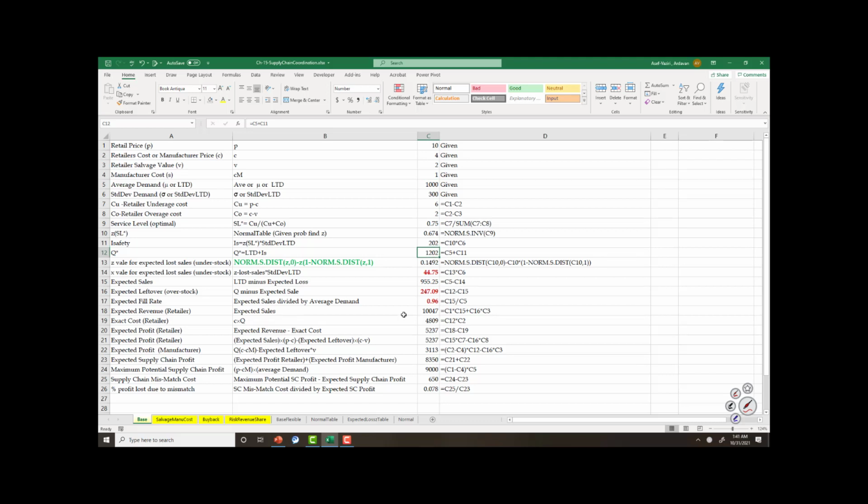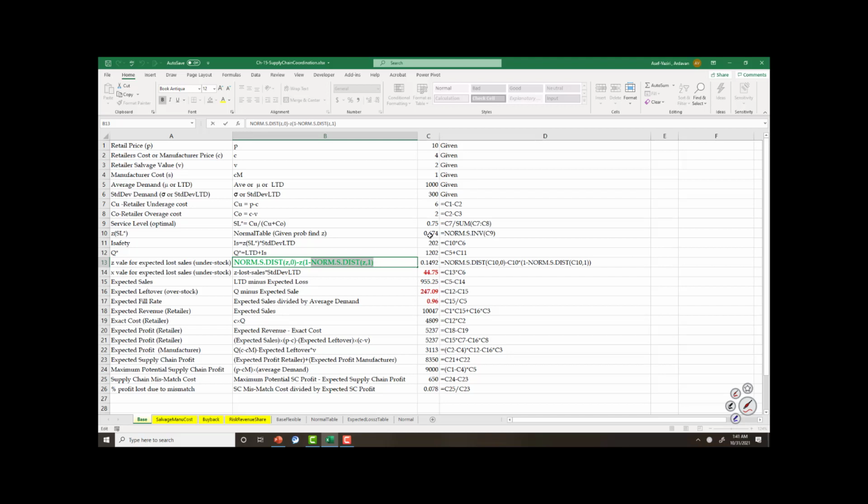Now let's go to this norm S distribution. It says give me Z, I will give you a probability. But we have already found this Z based on the probability. We used this probability and we found this Z. Therefore, all it says, give me back this Z and I will give you back that probability. And what was that probability?